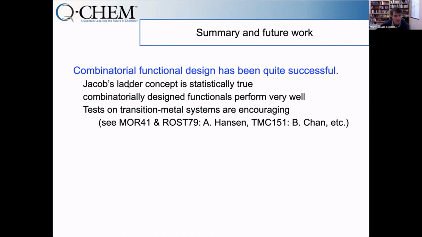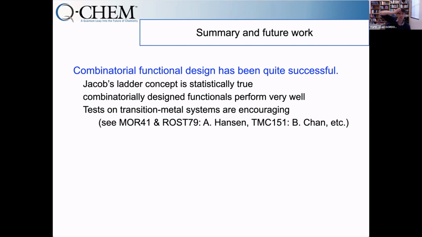for chemical applications. The combinatorially designed functionals that my group has produced perform very well in a comparative sense. Everything I showed you was for main group containing tests, but additional tests by other groups on transition metal containing molecules are really quite encouraging.